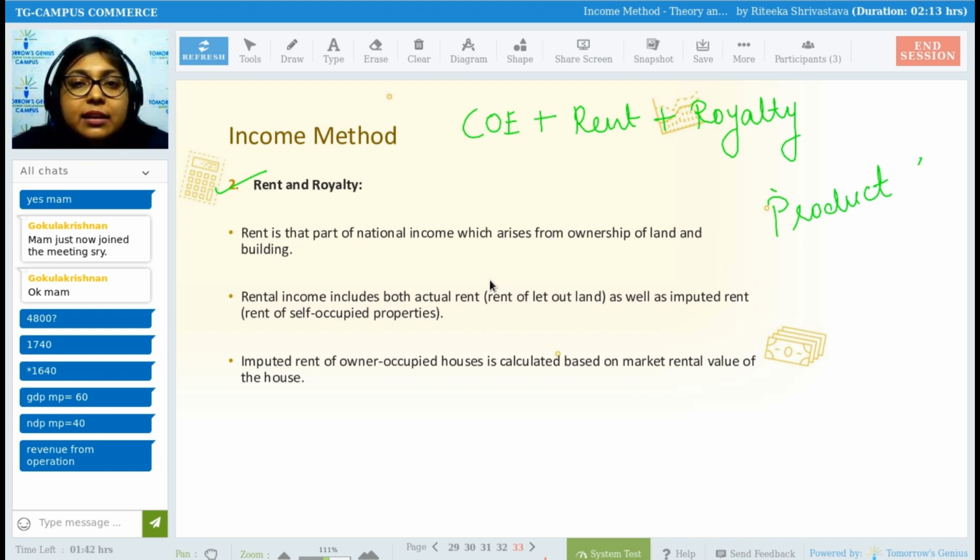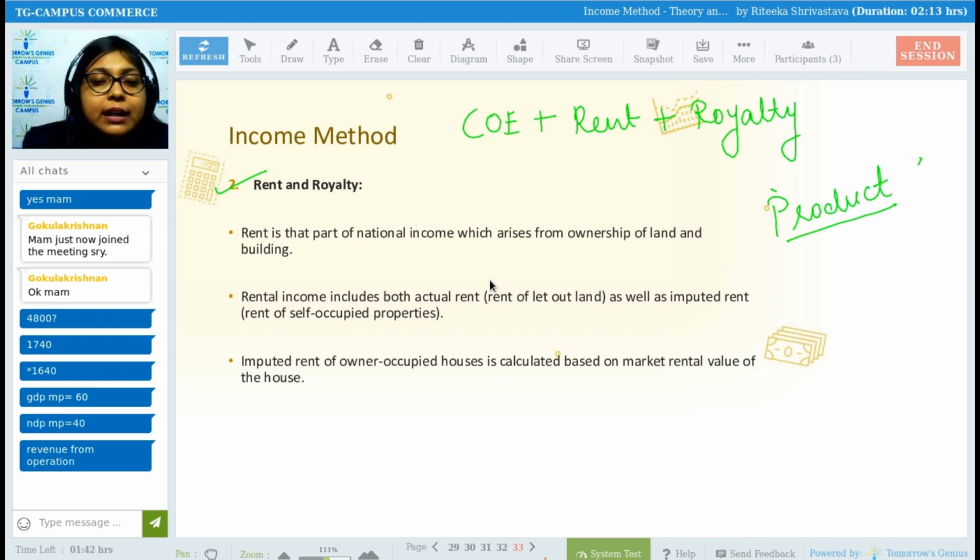It is only me who can make this special product. So I will sell this product in the market, and in return I will also say that nobody else is allowed to copy my product. Nobody else can make that product. Legally, I will claim this. So the thing of which I will get will be called as royalty. Once more we will see with the help of an example, but first of all let us focus on rent.